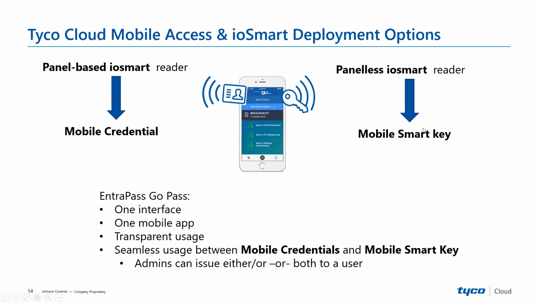That's for panel-based. You just type that in, and you're done. So it can appear here as a door name. On the right, under panelless, you have to do all the programming in the cloud. You have to program the door contact and the REX and the strike, all that from the cloud itself. Okay?